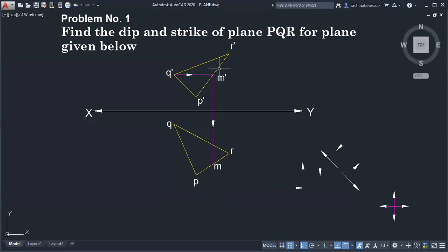Very good. In front view, that M dash point is on P dash R dash. That's why in top view also that M point will be on PR.